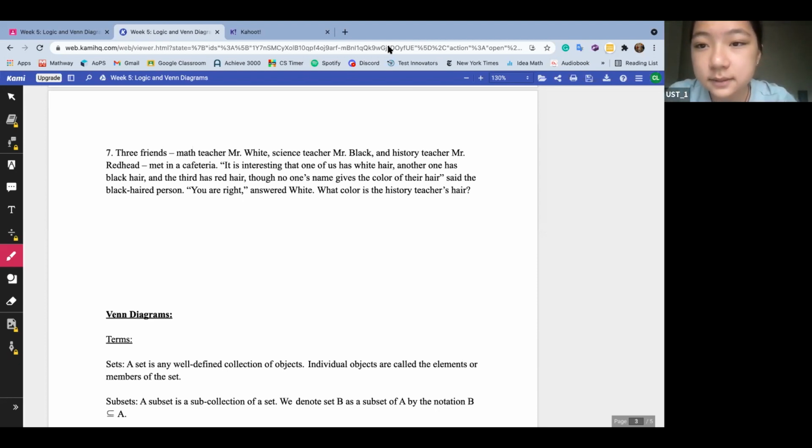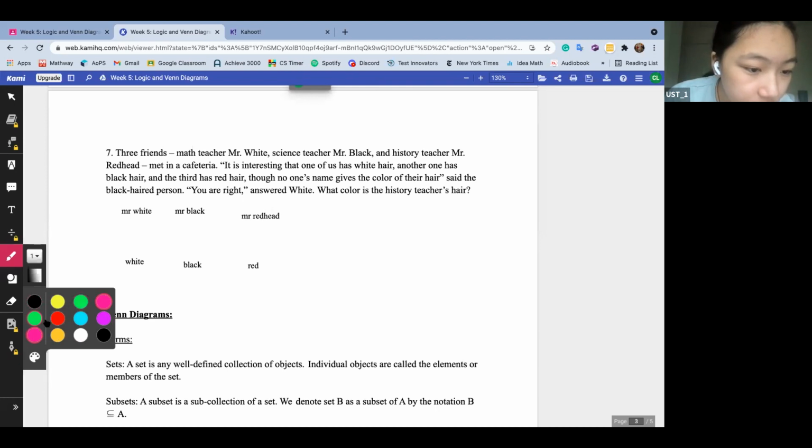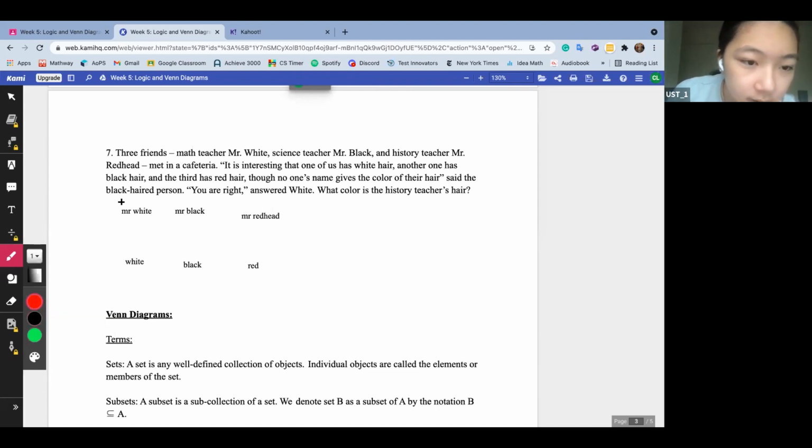Okay, so I'm going to explain it now. I want to use a different color. So a red line means that it isn't right. We know that their names and the color of their hair are different, which means that Mr. White can't be white, Mr. Black can't be black, and Mr. Redhead can't be red.